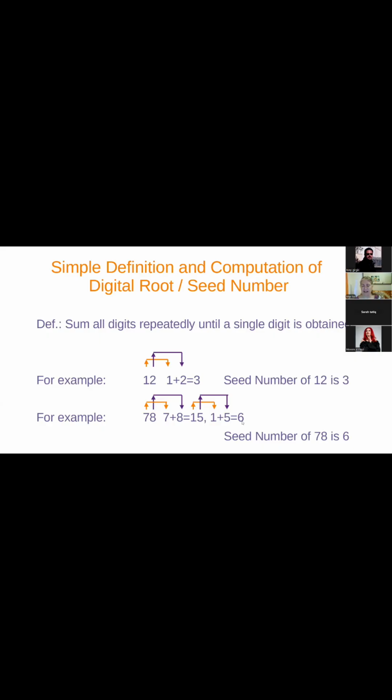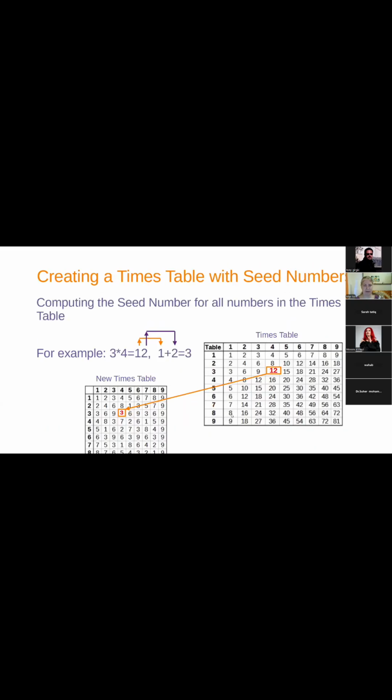So we're creating from the original times table, the multiplication table that you're all familiar with, a new table, which I call the new times table, or the times table with seed numbers, by computing for each of the elements in the traditional multiplication table its seed number.